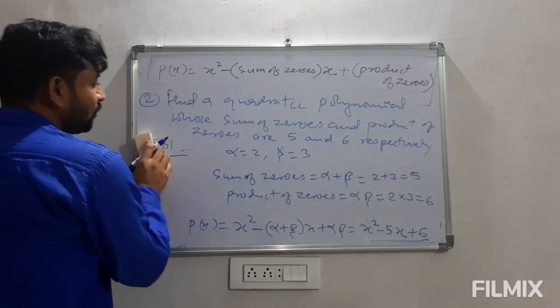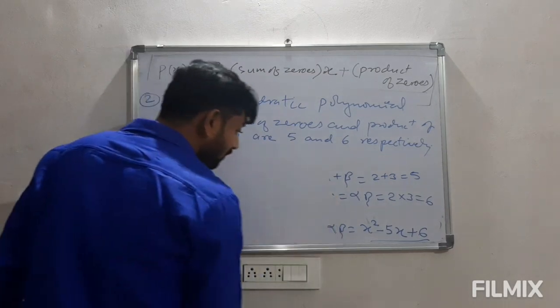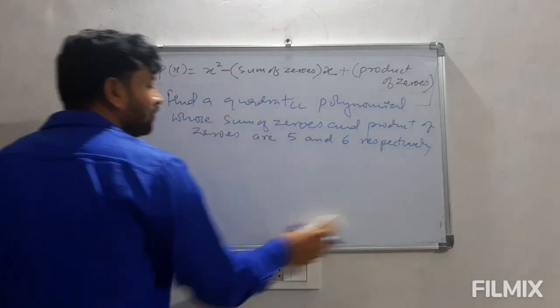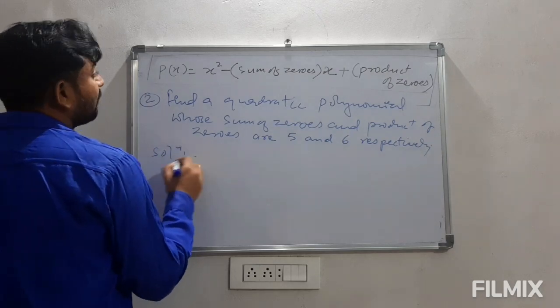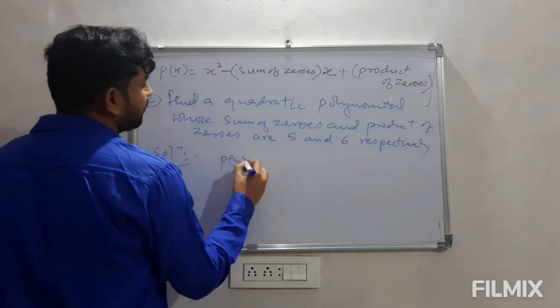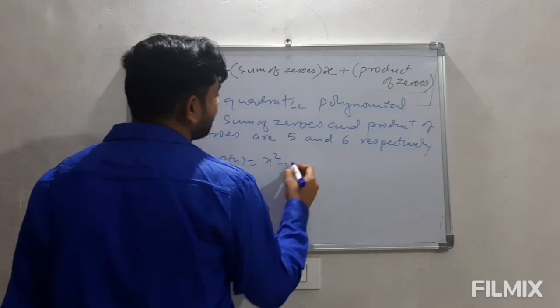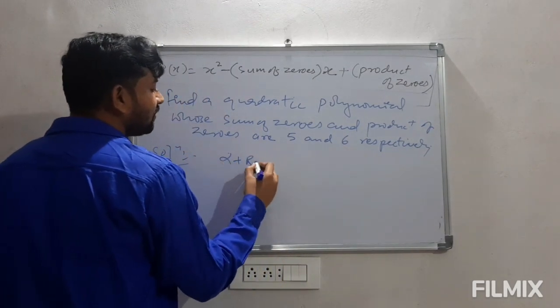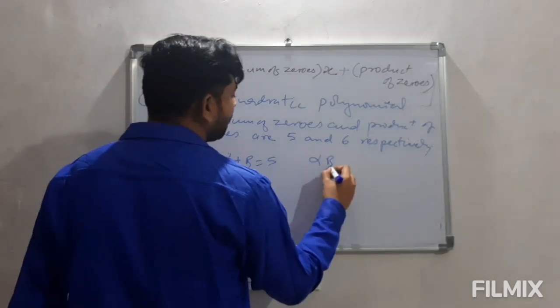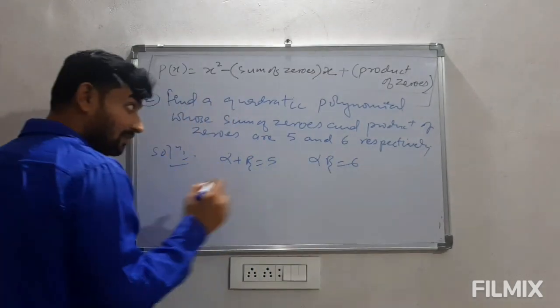We have to find a polynomial whose sum of zeros and product of zeros is given to you. Now it's more simple. When we look at this, p of x is equals to x square minus, what is given to us? Let us first write alpha plus beta is given to us as 5, alpha beta is given to us as 6.